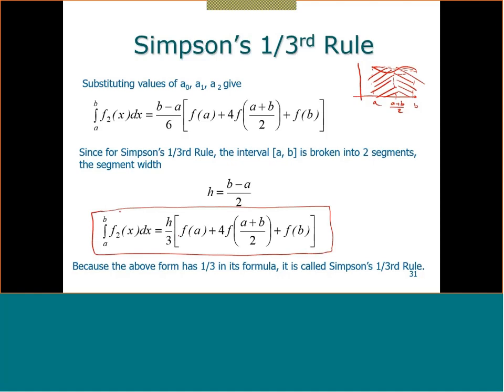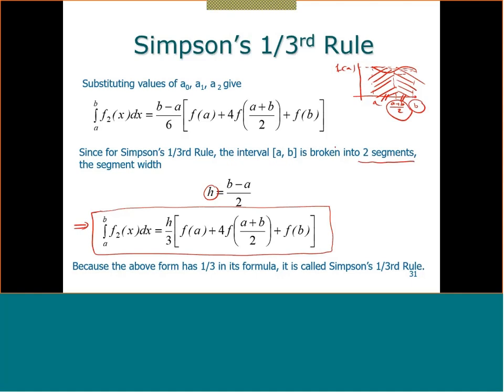It's equal to h over 3, where h is the segment, which is (B minus A) over 2, because as I said, you will have 2 equal segments here. This is f of A, plus 4 f of (A plus B) over 2, which is the function evaluated here, and finally plus f of B, which is the function evaluated there. So this is the rule if I want to use n equal to 2, only two segments.